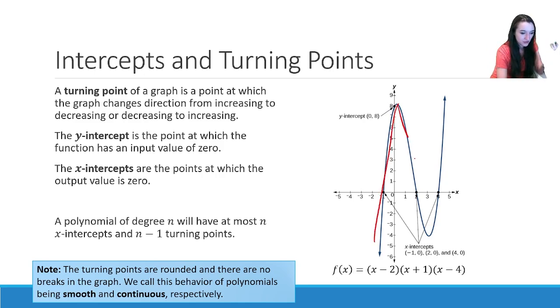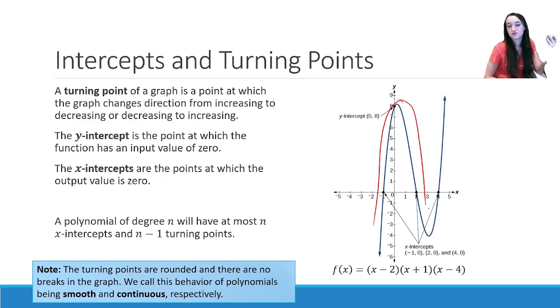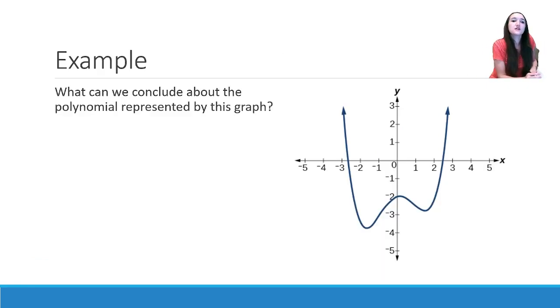Our graph does not look like this and then suddenly turn and then suddenly go like that. It's not pointy, it is round, so it should look round at those points. So make sure when you are graphing these, because you will be graphing these by hand, that you are making them smooth.